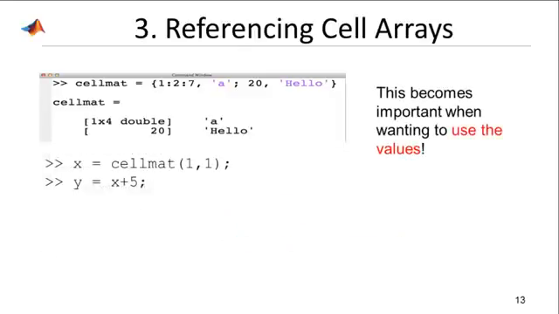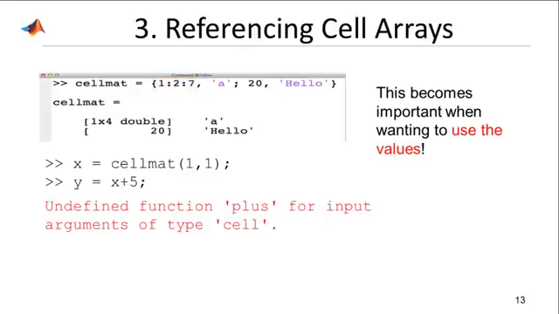This becomes very important when you want to use the value. Suppose you want to do a mathematical operation of adding 5 to all the elements of the array in cell 1,1. If you use cell 1,1 with simple parentheses, MATLAB will scream. Again, you didn't tell MATLAB to open the doors and look inside. So MATLAB wants to add 5 to a container.